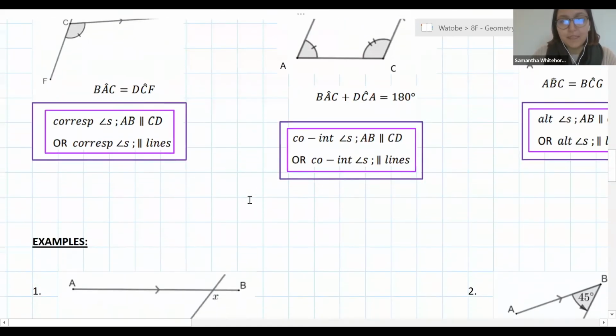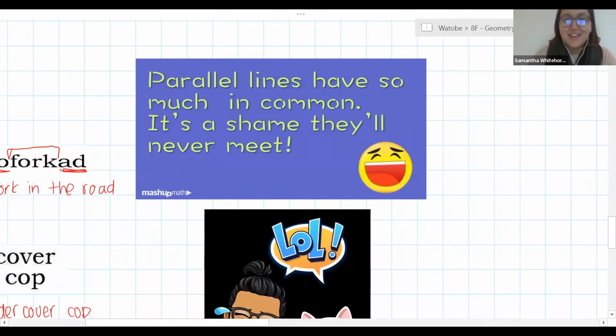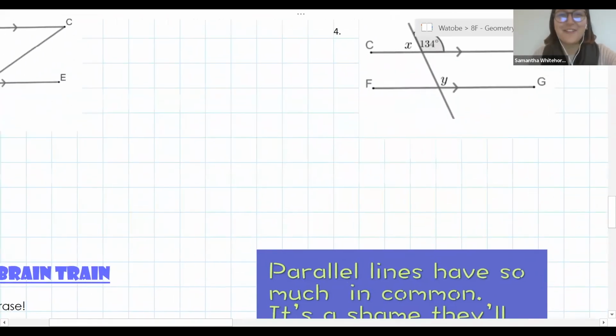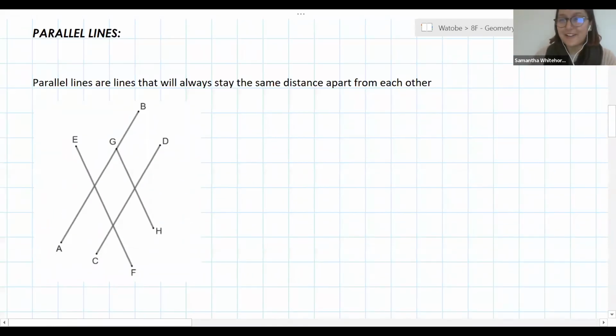So hopefully the maths joke now makes sense: parallel lines have so much in common, it's a shame they'll never meet. If they have to stay the same distance away from each other, there's no way that they can ever intersect. So that is what a parallel line is.